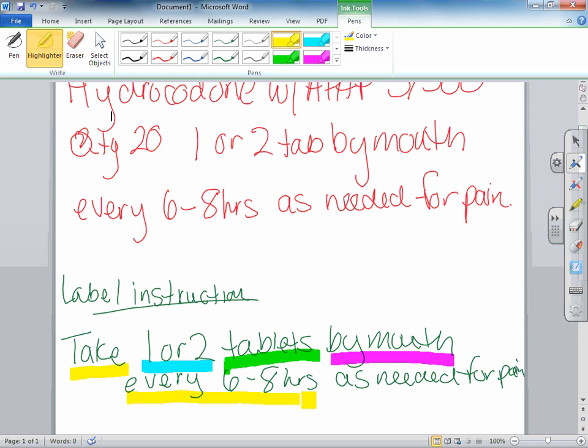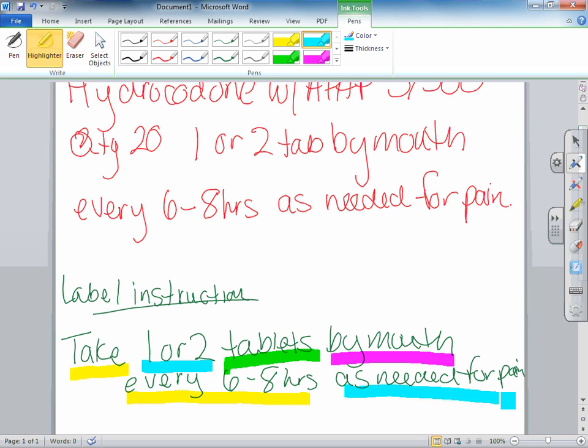And the additional information is as needed for pain. That is the difference from the SIG code, which only reads 1 or 2 tabs by mouth every 6 hours as needed for pain. There's no verb there. You have to include that within your label instructions. Your label instructions are for the patient. It has to be in a complete sentence.